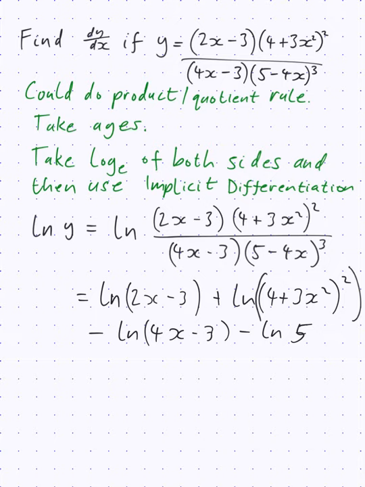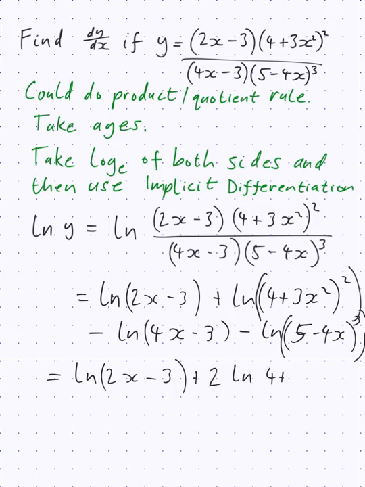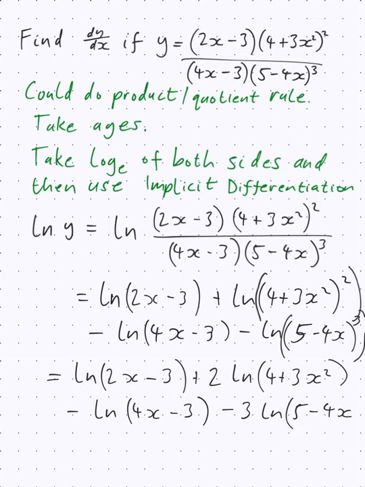So it's minus the log of 4x minus 3 minus the log of 5 minus 4x to the power of 3. Then we use another law of logs. So these powers actually come out in front. So that's the log of 4 plus 3x squared to be squared before the log is applied. That's important actually. So those powers come down in front of the logs.